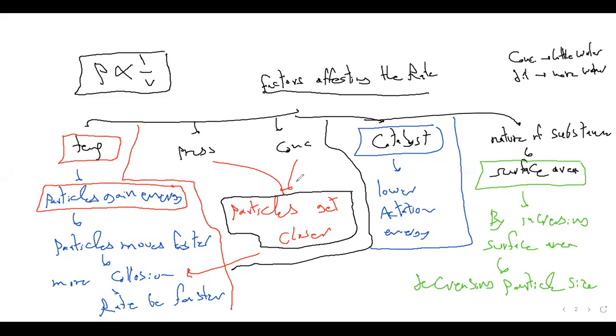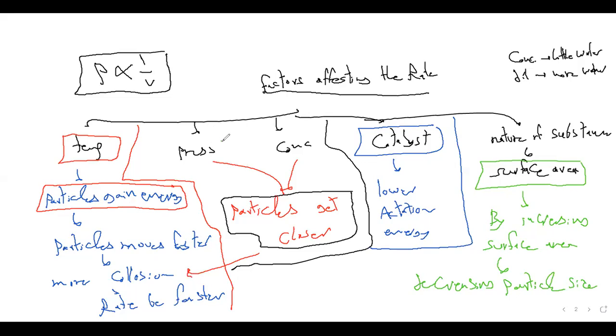So the factors affecting rate, temperature, pressure, concentration, catalysts, and nature of reactants or surface area, are all directly proportional. By increasing any factor, the rate of reaction will be increased. In temperature, it depends on kinetic energy: particles gain energy, move faster, more collisions, and the rate will be faster.